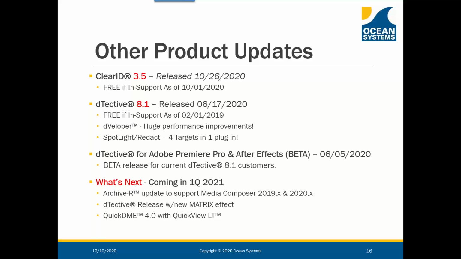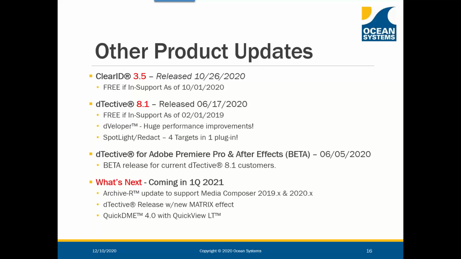Other product updates, ClearID 3.5 was released at the end of October to support the new Photoshop version 20. If you have upgraded to the latest and greatest Photoshop, ClearID 3.5 is ready for you when you are. dTective 8.1, free to anyone in support since February 2019.